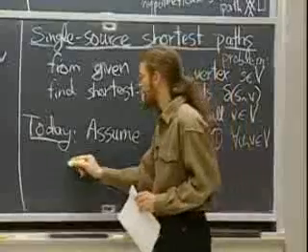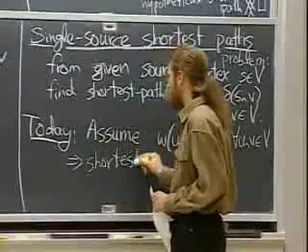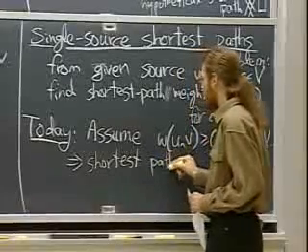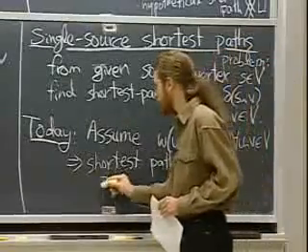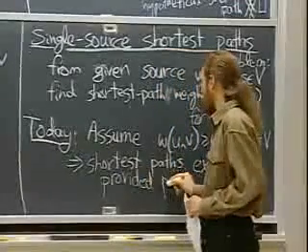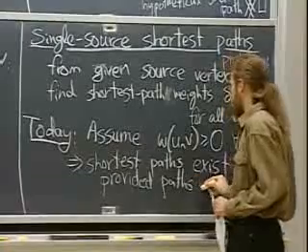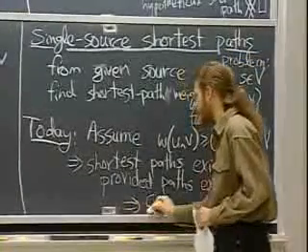So in particular, shortest paths exist, provided paths exist. And we don't have to worry about these minus infinities.